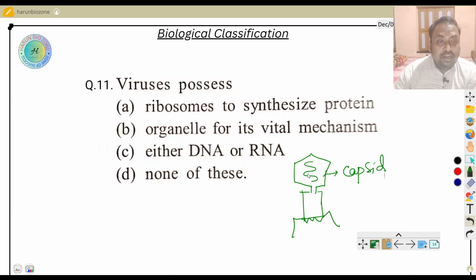So a virus contains only an outer covering, that is the capsid, and inside the DNA or RNA genetic material. So either DNA or RNA. Organelles for its vital mechanism, no. The virus has no organelles. Okay, when it attacks any host, it uses the host cell organelles and replicates itself. Ribosome to synthesize, no, cell organelles are not present in a virus.